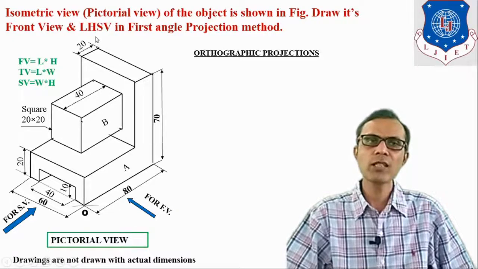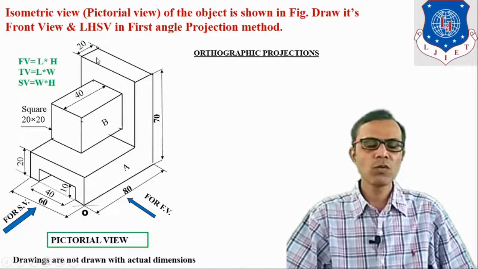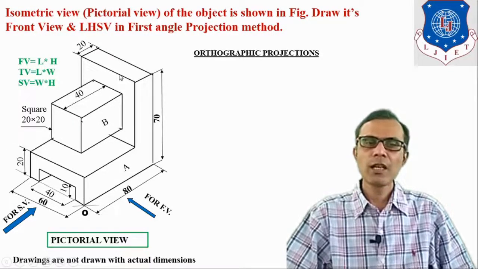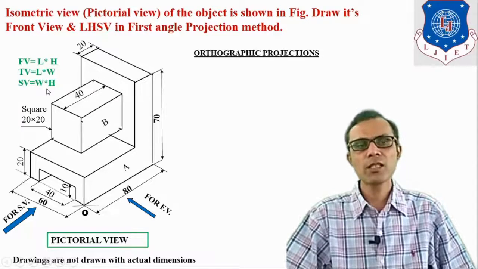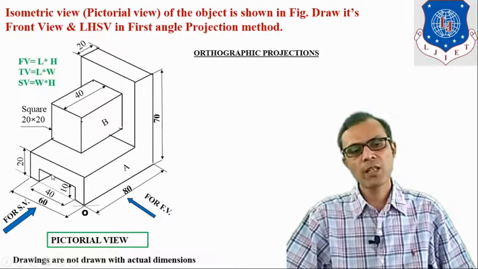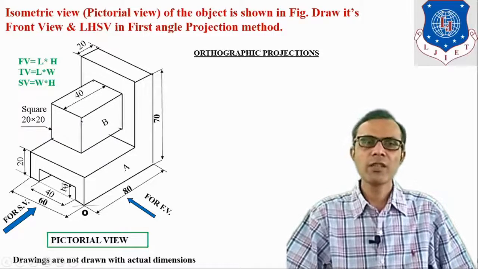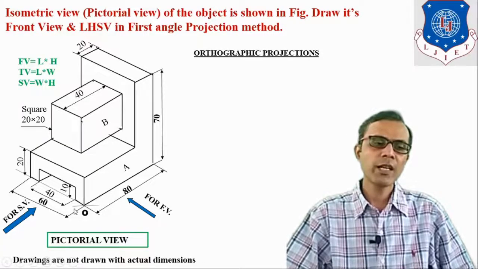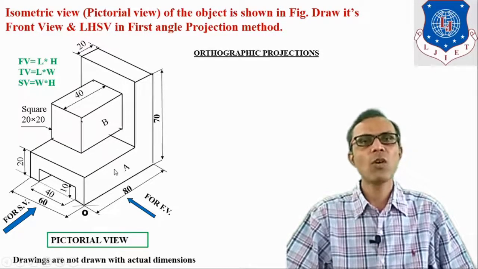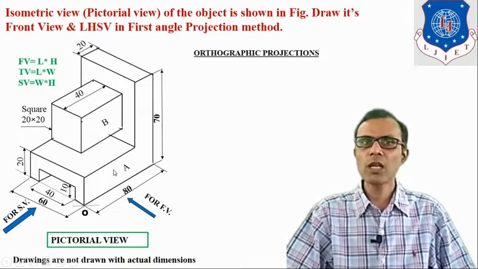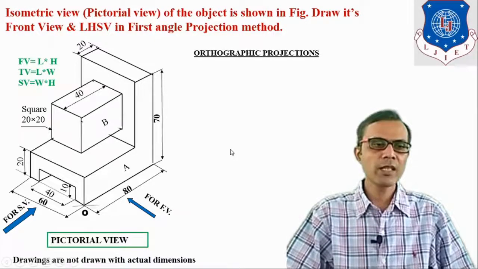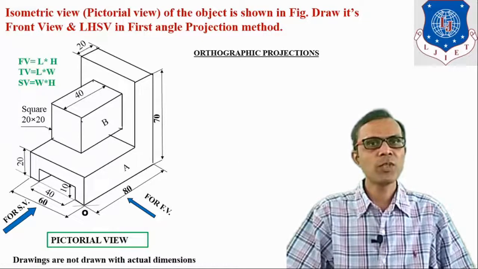When we look at this object from the top, we can see length and width of the object, and when we see this object from the side view direction, we can see two dimensions, width and height. So for any orthographic view, we always see two dimensions of the object. That's why it is also known as a two-dimensional drawing.